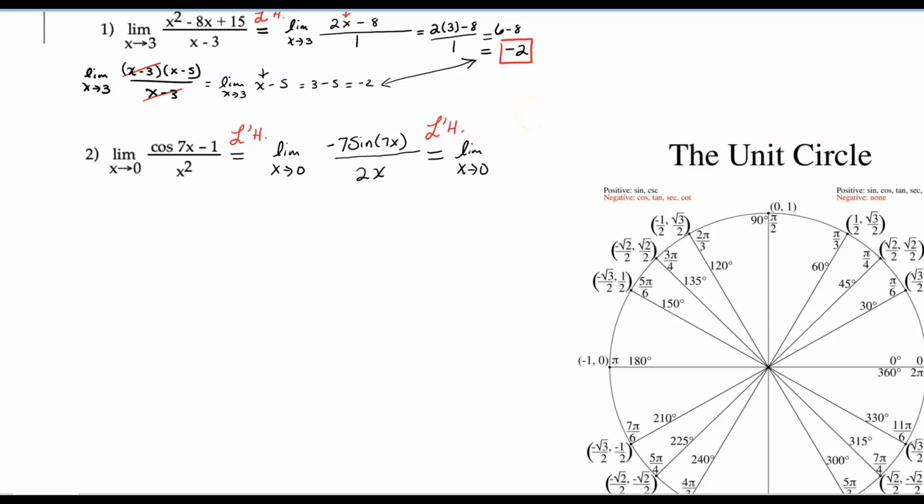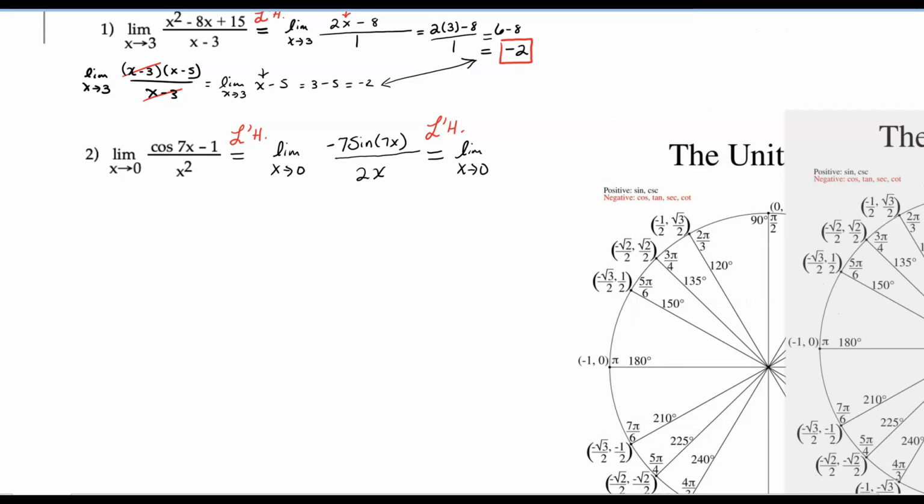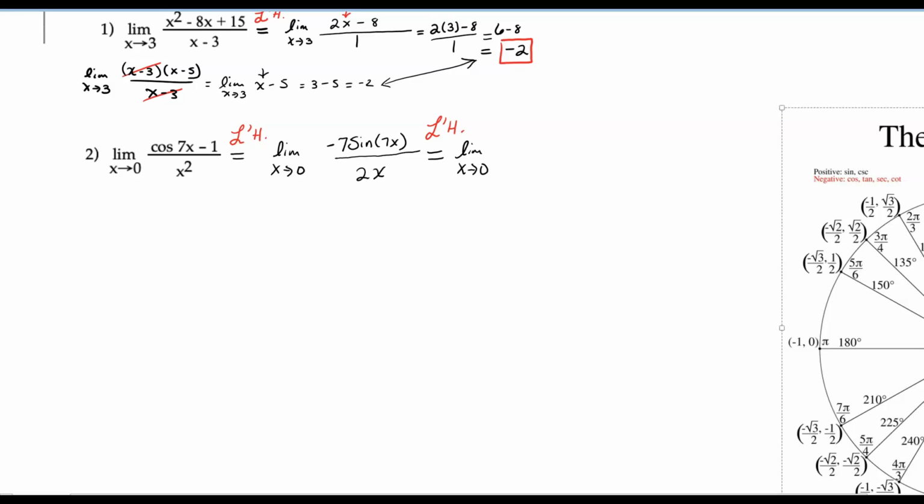So let me move this unit circle out of the way for a second. Let's apply this here. The derivative of sine is cosine, so I'm going to have cosine of 7x, and I have a -7 in the front.